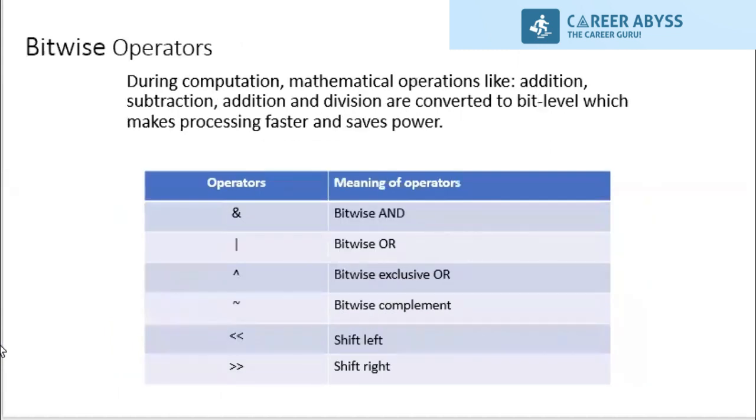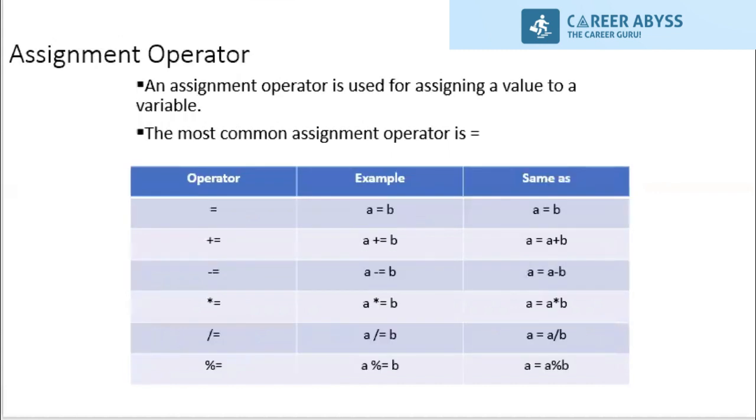Bitwise operator: during the computation, mathematical operations like addition, subtraction, divisions are converted into bit level. So we can use the bitwise operators to process faster. Then we have assignment operators like equals to, plus equals to, minus equals to. Those are assignment operators.